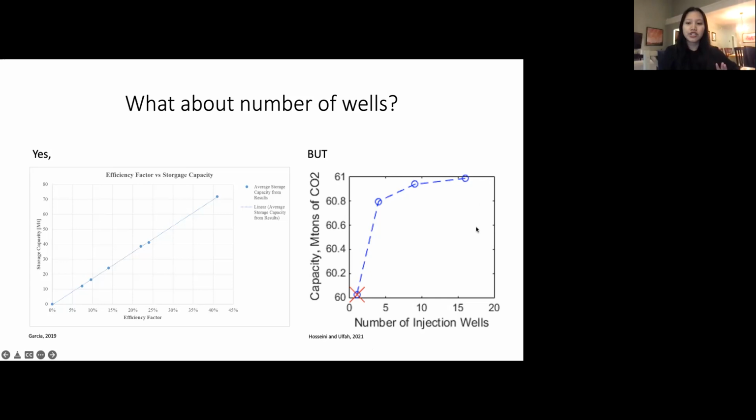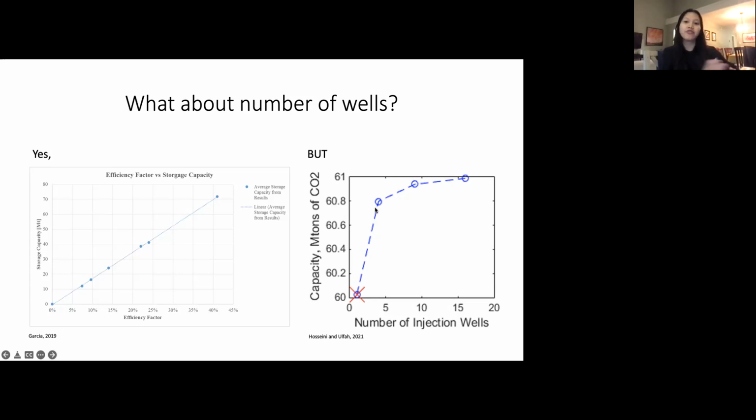What is shown here is an experiment injecting as much as 60 million tons of CO2 with one well, and it matched. We can store 60 million tons of CO2 in one well. But when we add more wells, now we have 4 wells, the capacity does not increase as much, only 60.8 million tons of CO2.